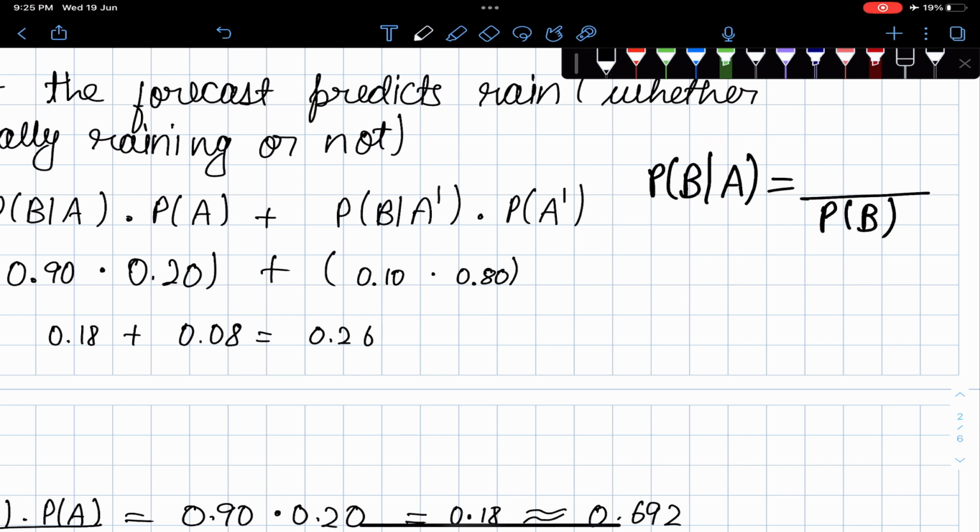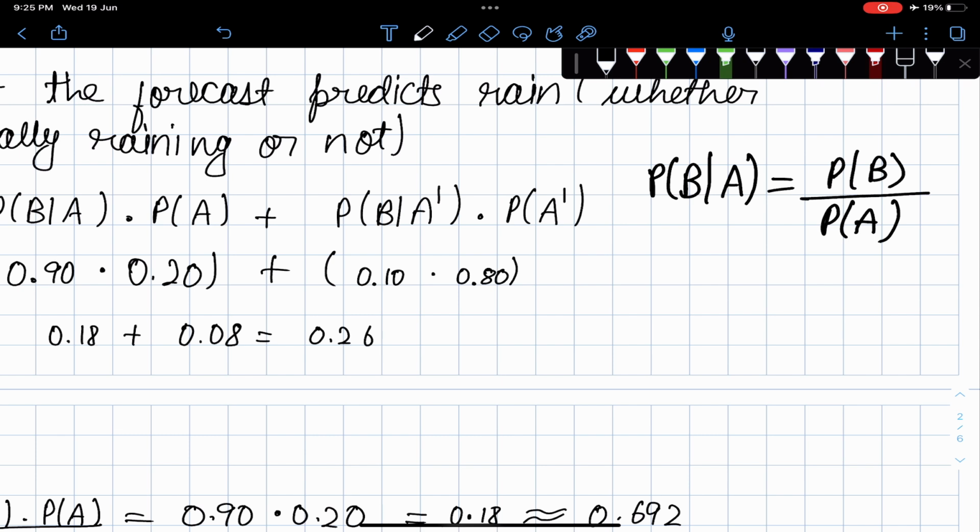The sample space, that it is raining or not. Sorry, it won't be the sample space here, it will be the sample space here actually. Let me write it. We will find this probability like this.